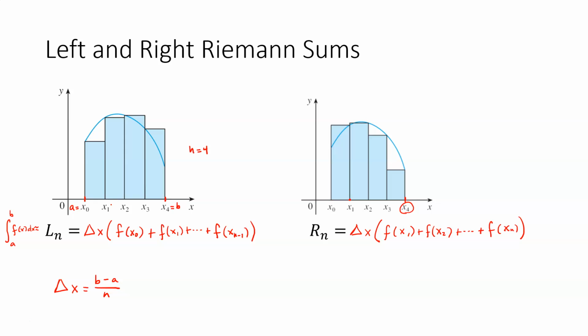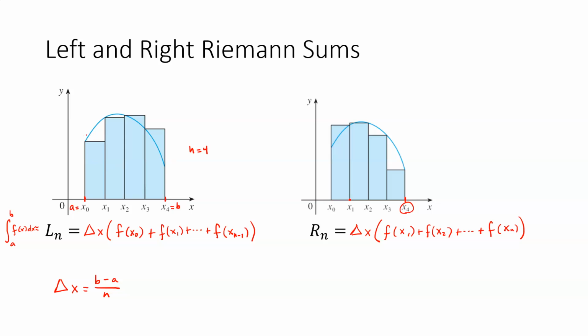Okay, after we've partitioned the interval a to b into the subintervals, then we evaluate the function at each left endpoint if we're doing the left Riemann sum, or at each right endpoint if we're doing the right Riemann sum, summing up all those function values, and then multiplying by the width, delta x.